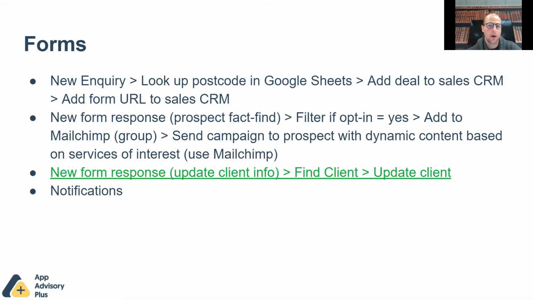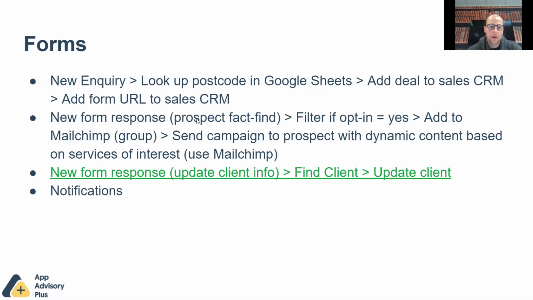One partner has one pipeline, another partner has another pipeline. It's not based on postcode, but just as an example, if it was, you could pick that up from the inquiry form and then add it to the correct CRM pipeline based on what the postcode was. You could also add in a link to the form submission.